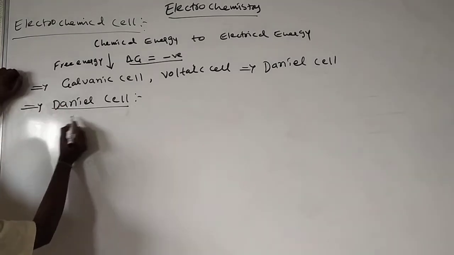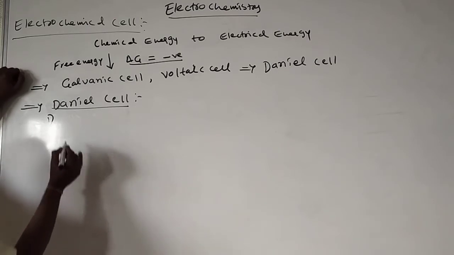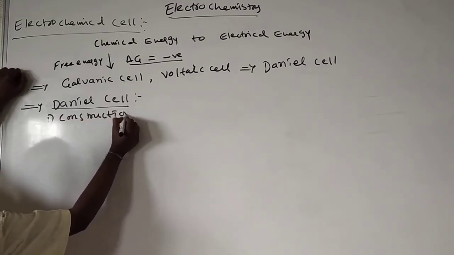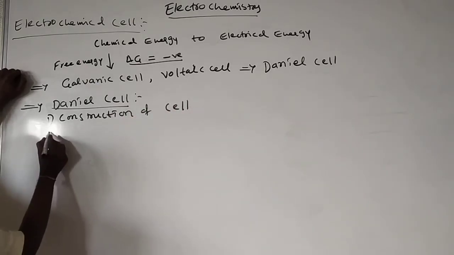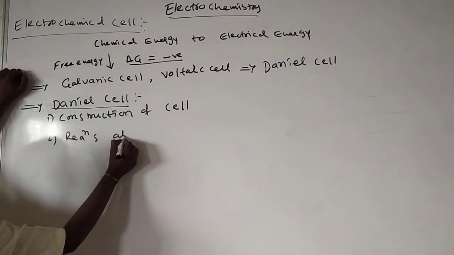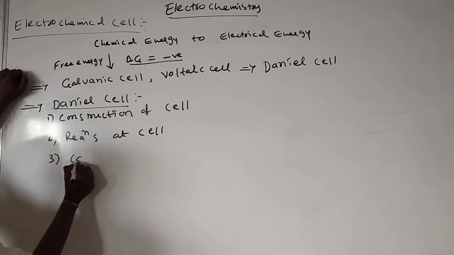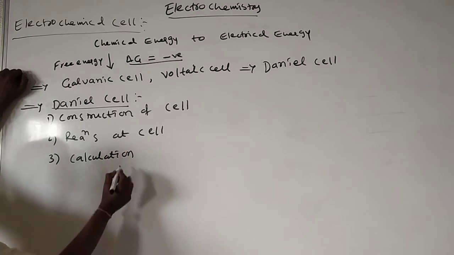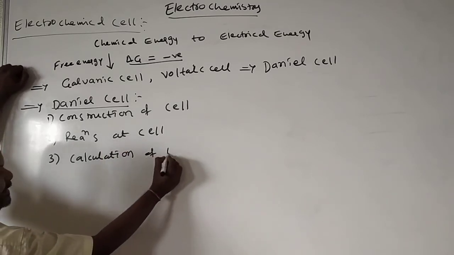First, what are the steps involved in the Daniel cell? The first step is construction of the cell. Second one, reactions at the cell. Third one, calculation of EMF.